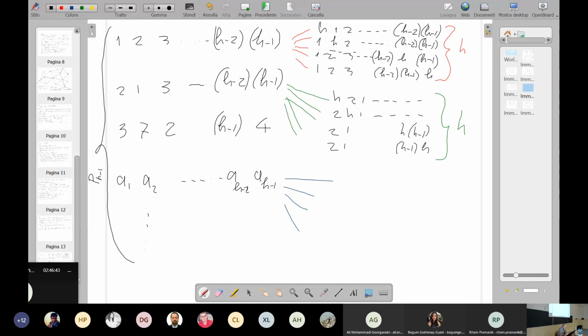Of course, I can put H here and then A1, A2, and so on. A1, H, A2, and so on. And at the end, A1, A2, whatever they are, sorry, I want here an H and then AH minus 1, and finally A1, A2, AH minus 1, H.